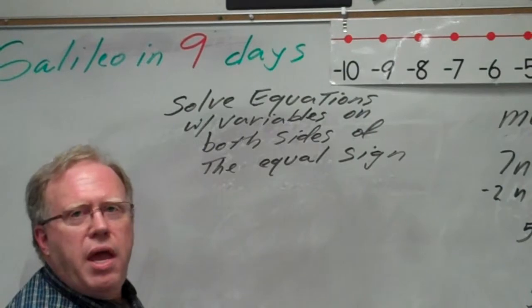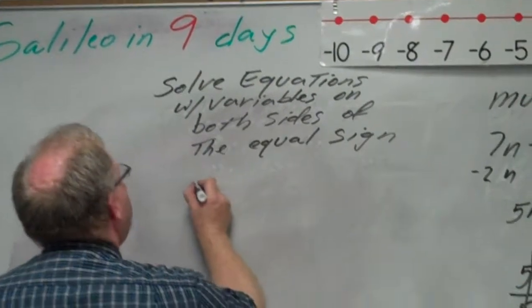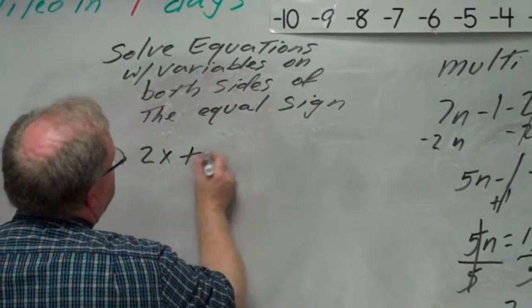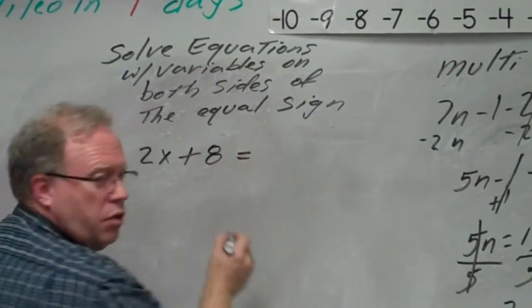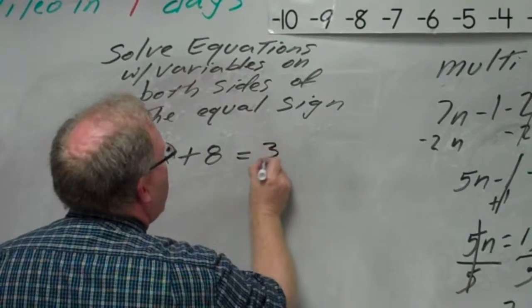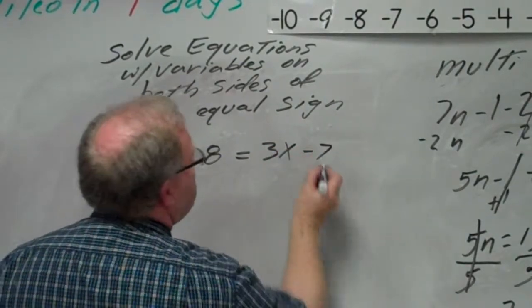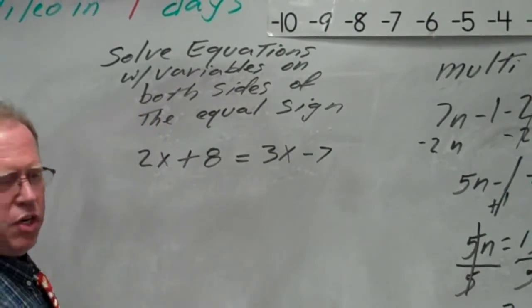Okay, and this is the way this will look. We have 2x plus 8 equals 3x minus 7. Okay, there's our original equation.